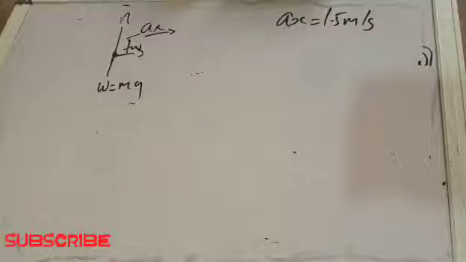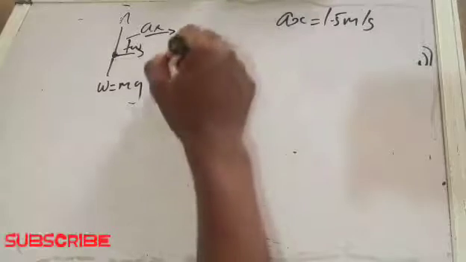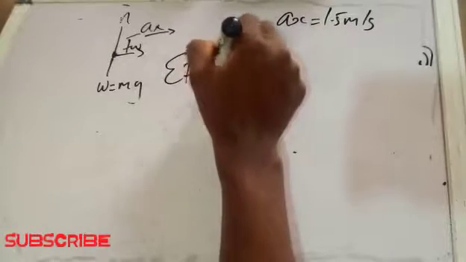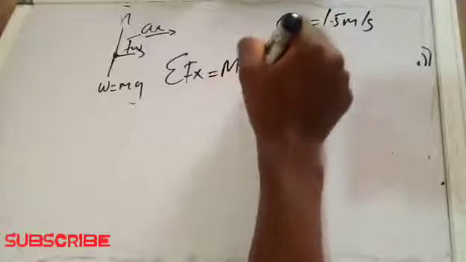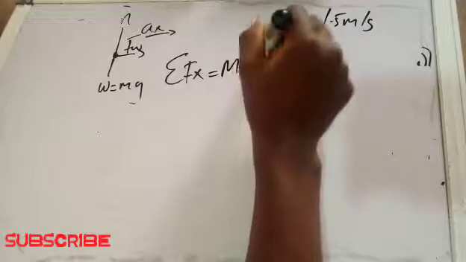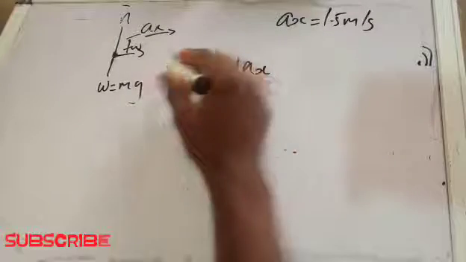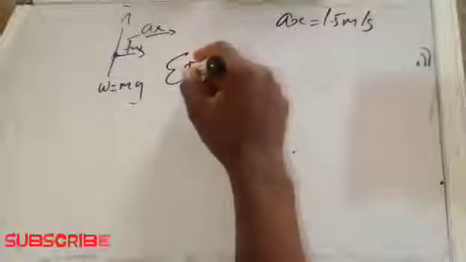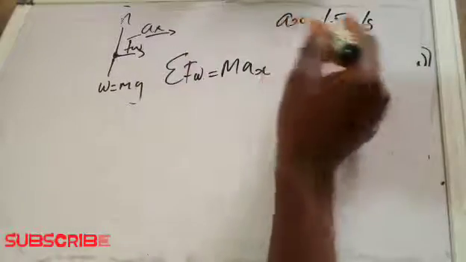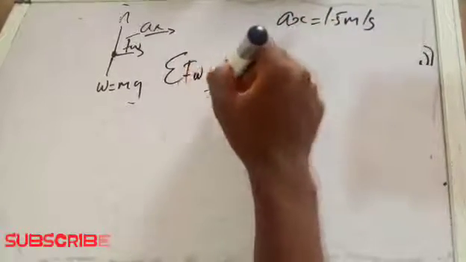To find our Fw, we first solve the constant acceleration equation for ax and then substitute it into the sum of forces equals ma. Since we've gotten our ax, all we have to do is multiply by our mass. In the x direction, we have Fw equals mass times ax.